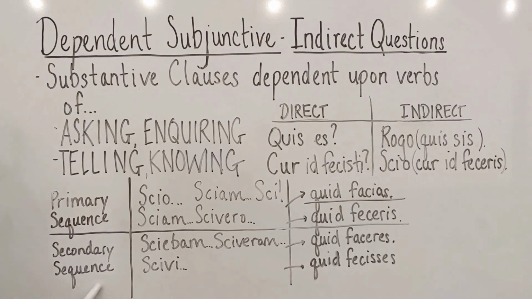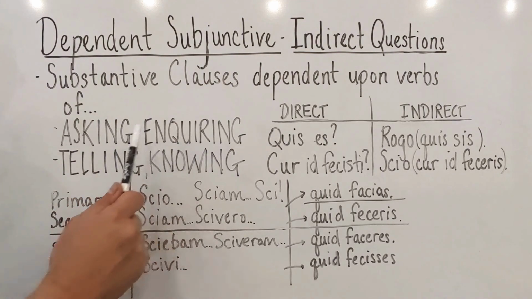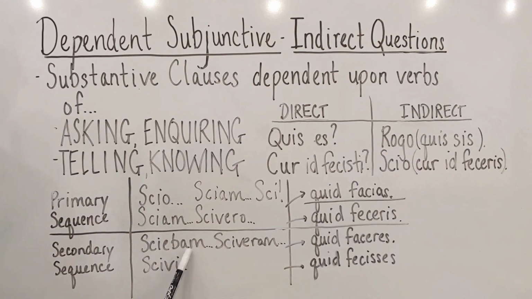And then for secondary sequence, if our main verb, our introductory verb of asking, inquiring, telling, or knowing, is imperfect, perfect, or pluperfect tense, then it will be followed by either the imperfect subjunctive for contemporaneous or subsequent action to the main introductory verb, or the pluperfect subjunctive to show prior action to the main introductory verb.